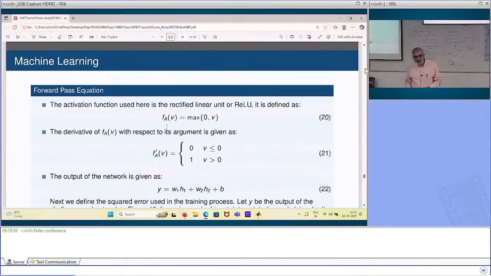People who have done real analysis will know, but for the purposes of our work, we assume that there is a sudden jump here at 0, right? The slope is 0 and it is 1.